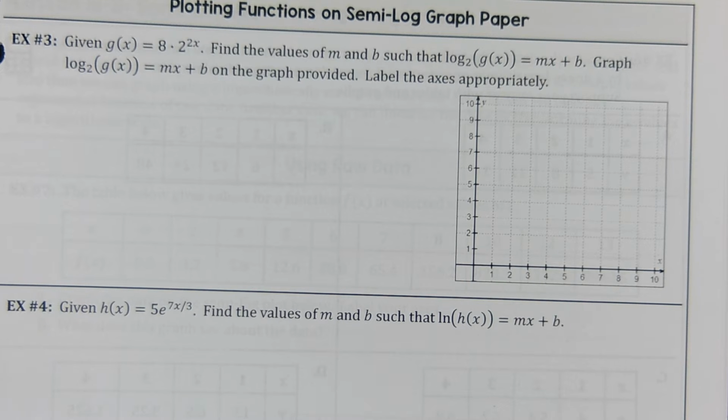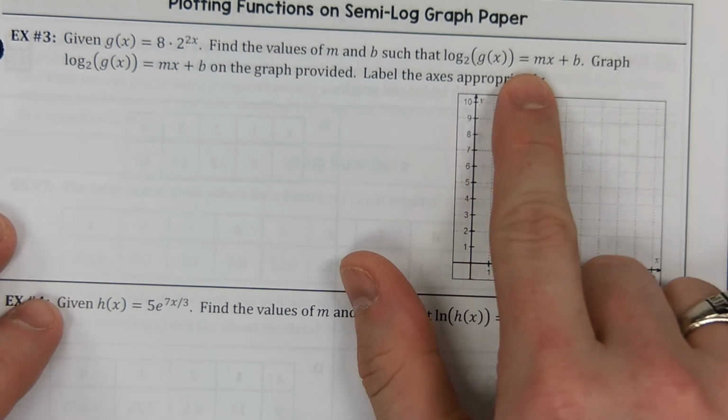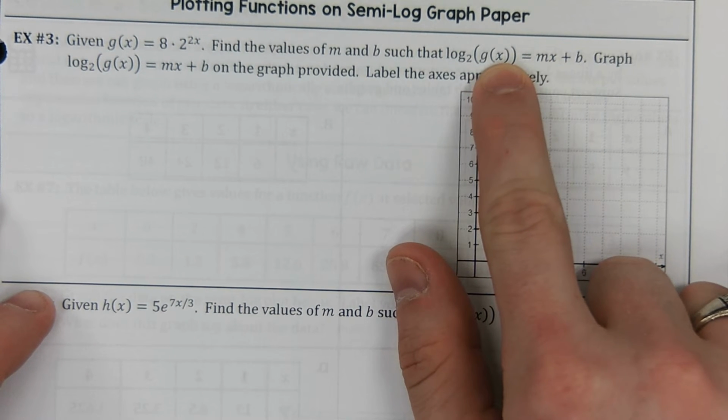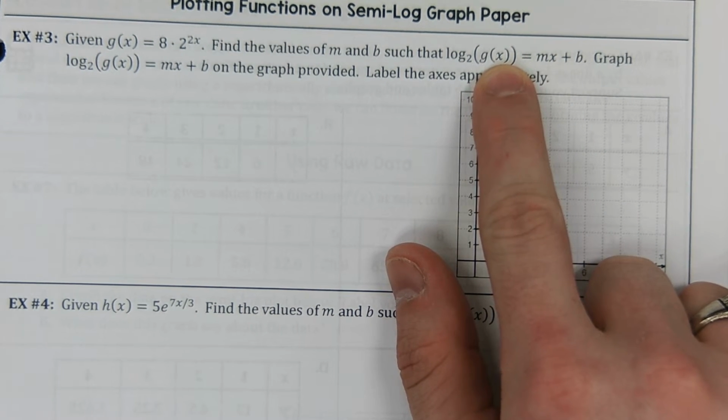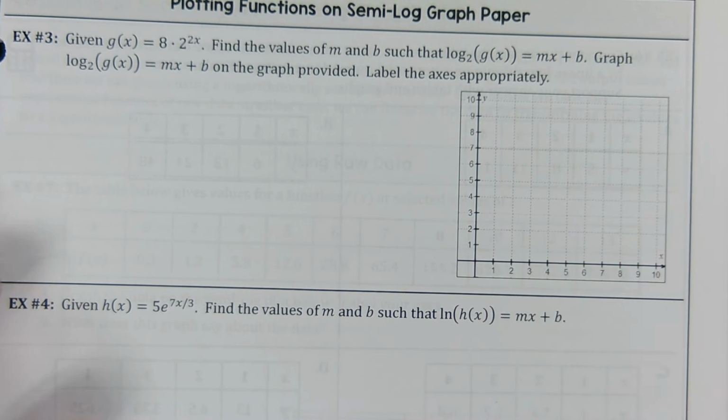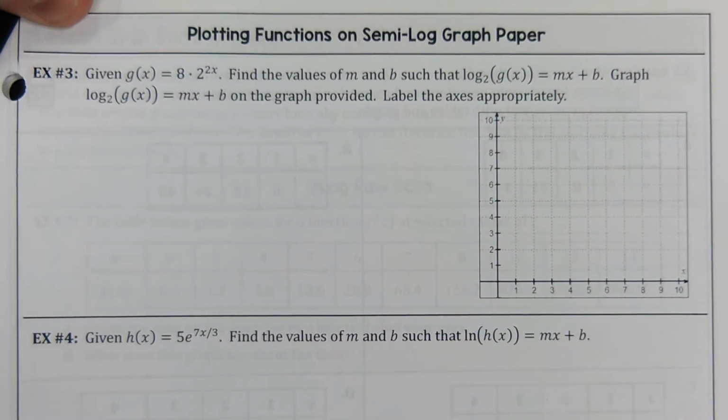We have 8 times 2 to the 2x. We're going to find the y-intercept and the slope of the linearized, which is actually the word for that, the linearized graph. Then we're going to graph it. And it says label the axes appropriately. Okay. First, log base 2 of both sides.